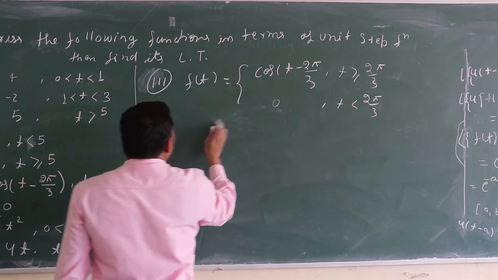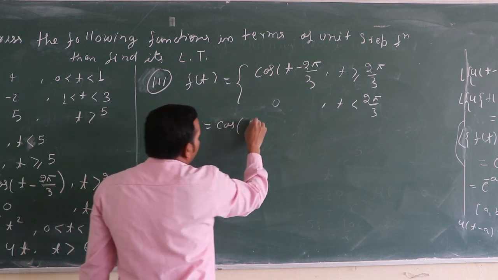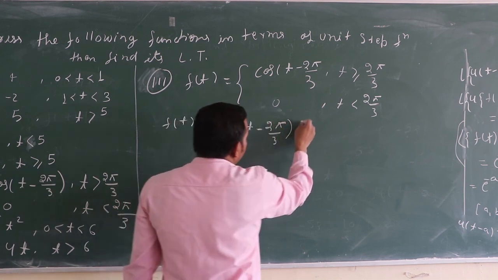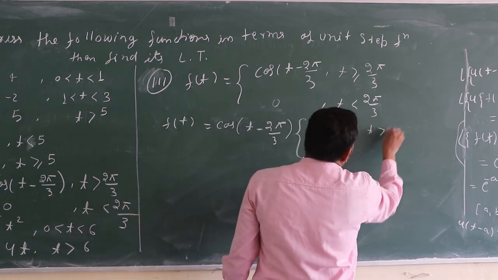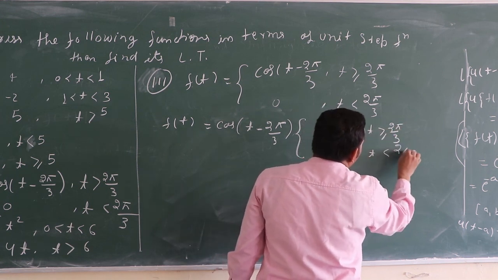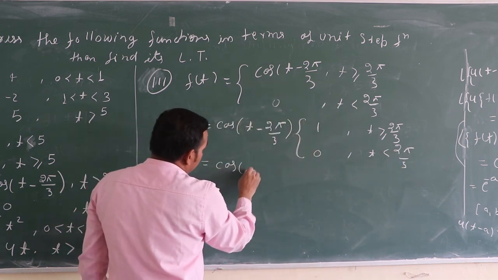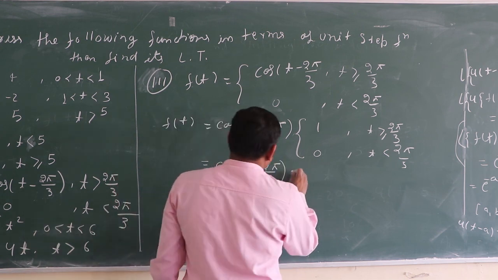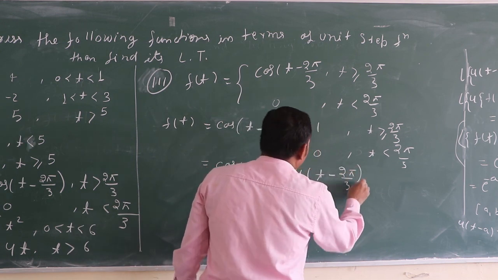So this can be written as f of t equal to cos of (t minus 2 pi upon 3), taking the shift outside, times 1 for t greater than 2 pi upon 3 and 0 for t less than 2 pi upon 3. This can be written as cos of (t minus 2 pi upon 3) times u(t minus 2 pi upon 3).